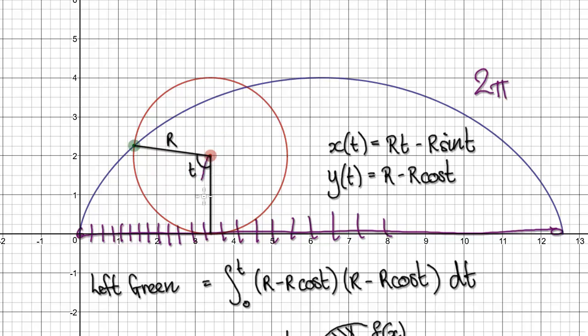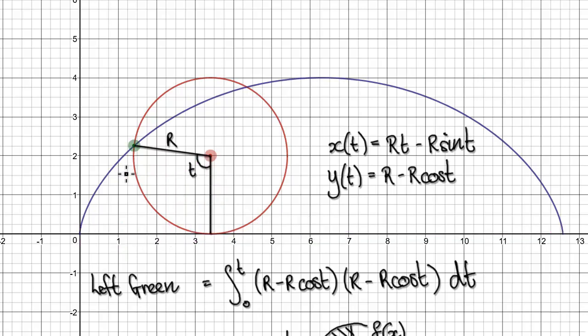Now, one increment of the angle t would mean one increment in the x direction. Another increment of the angle would mean another increment in the x direction.